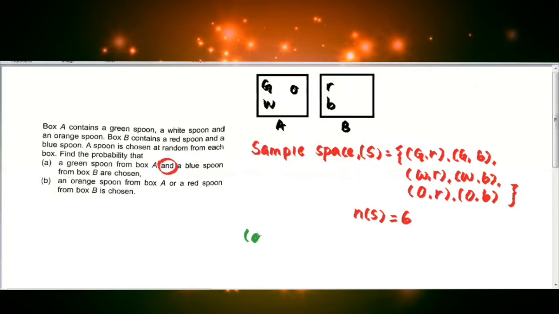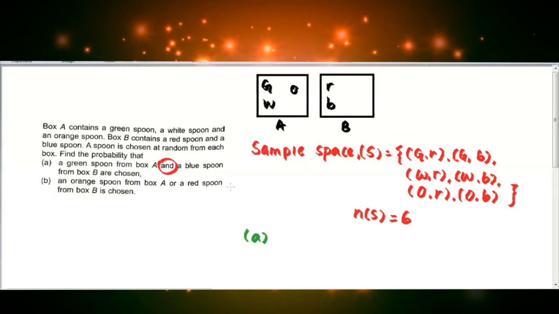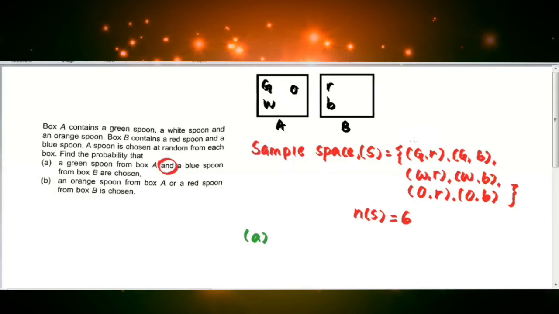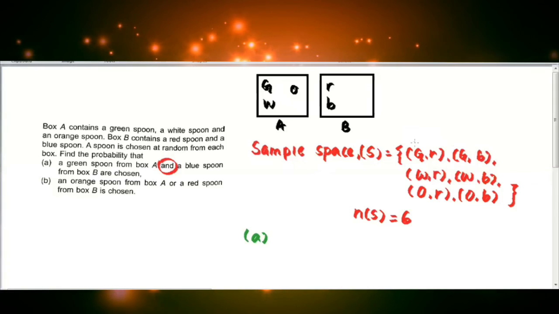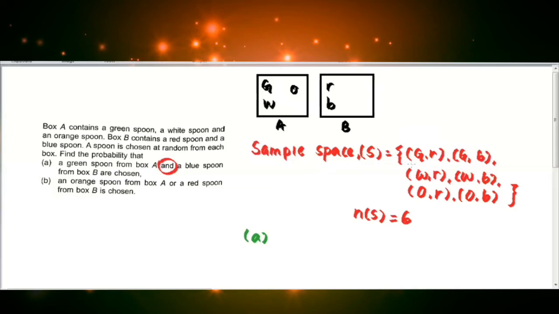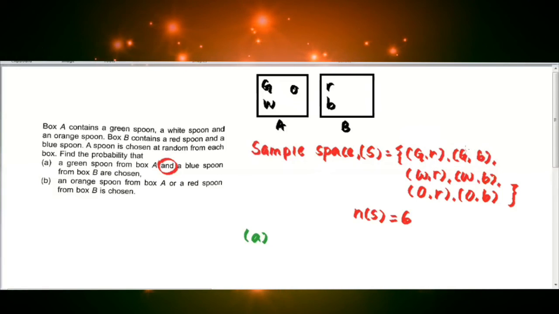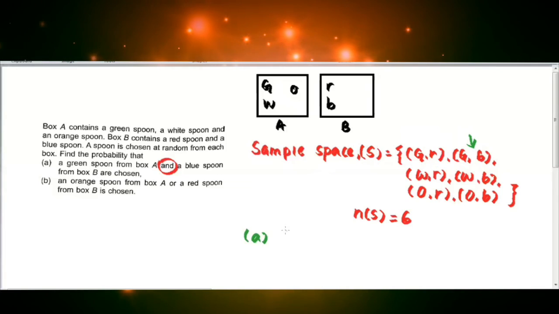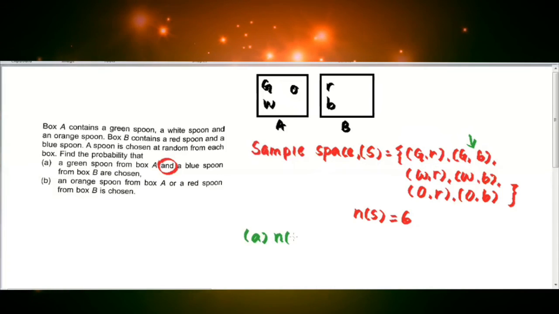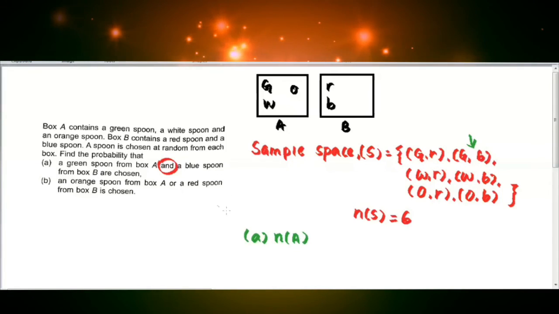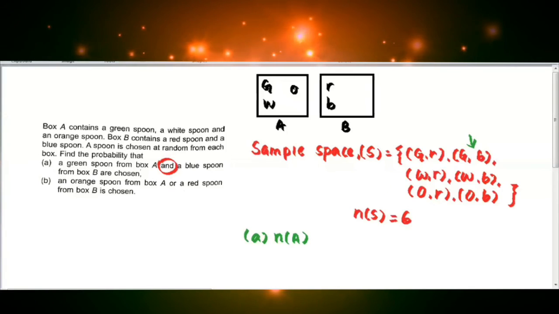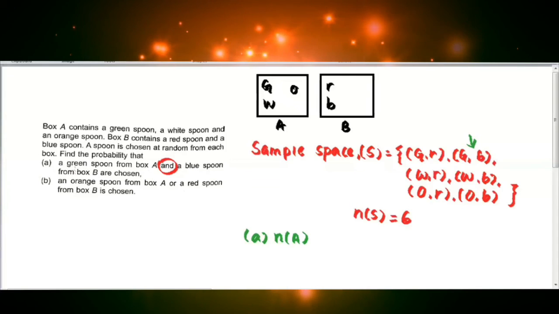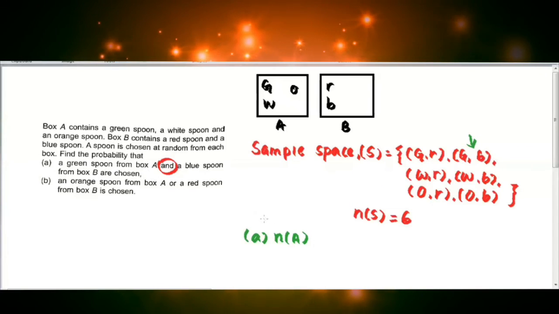Now we can answer question A: a green spoon from A and a blue spoon from B. Compulsory, we must have both. So green and blue. How many possible outcomes, how many events over there? 1.